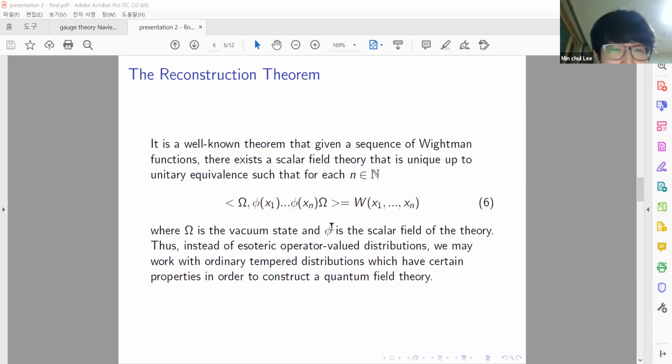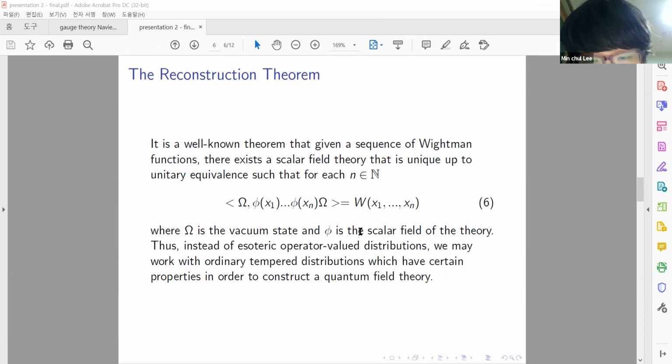And the utility of the Wightman functions is in the reconstruction theorem. It's a well-known theorem that is contained in the classic book PCT, Spin, Statistics, and All That: given a sequence of Wightman functions, there exists a scalar field theory, unique up to unitary equivalence, such that for each n, the Wightman function is the vacuum expectation value of the scalar fields. Here, omega is the vacuum, and phi is the scalar field of the theory.